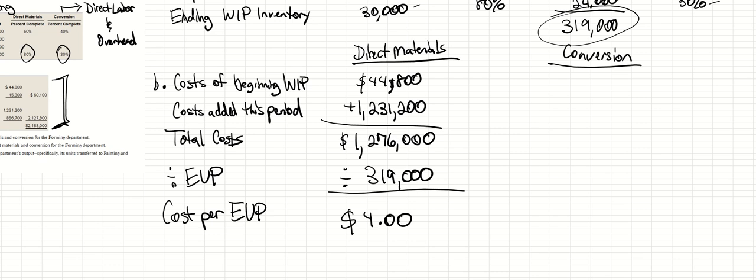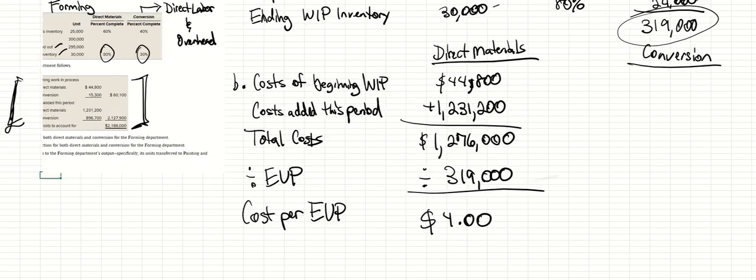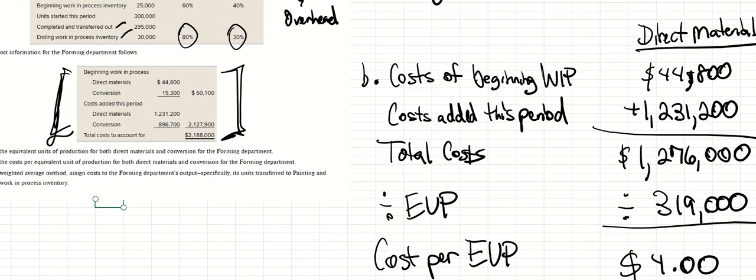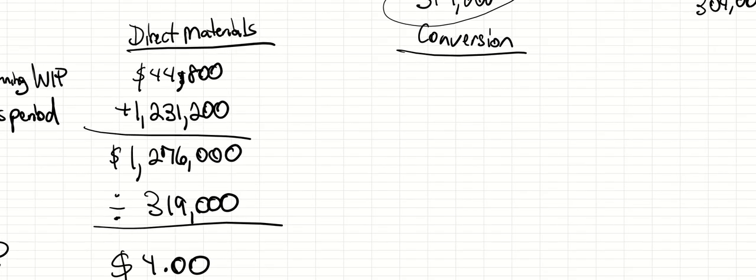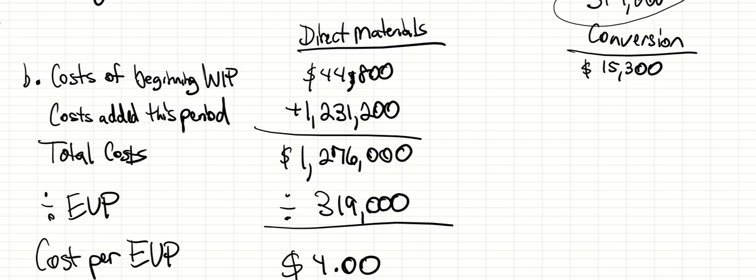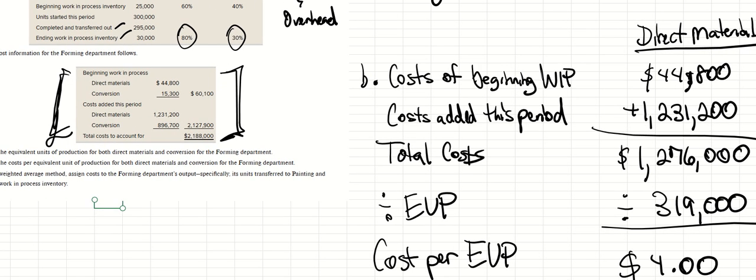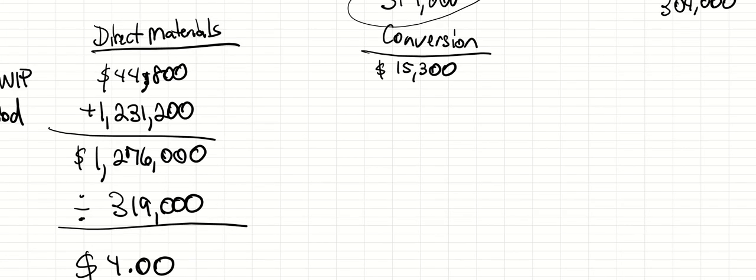Right. Now we're going to do the same thing for conversion, but we're going to be using different numbers. Okay, so for conversion, it gives us a beginning work in process of $15,300. Okay, that's our beginning WIP. Then the cost that's added in this period is what, $896,700. Okay, so we're going to add that amount.